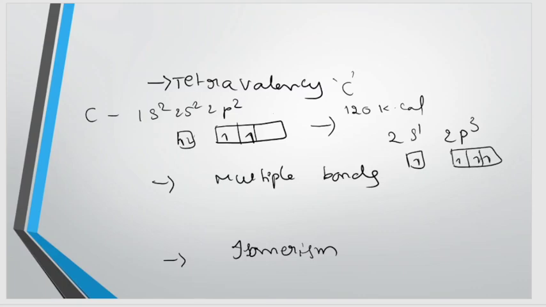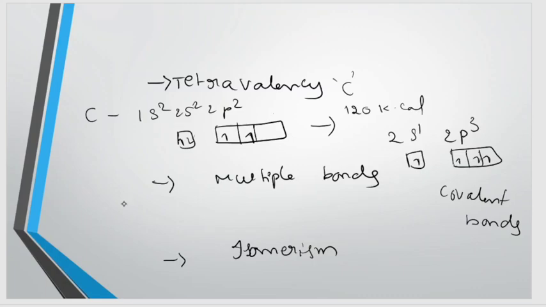As these are unpaired electrons, they are ready to combine to get the stable configuration and hence can form covalent bonds.